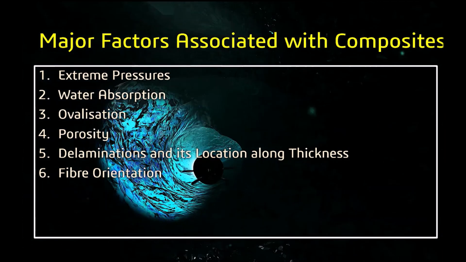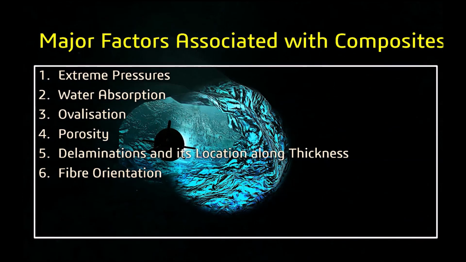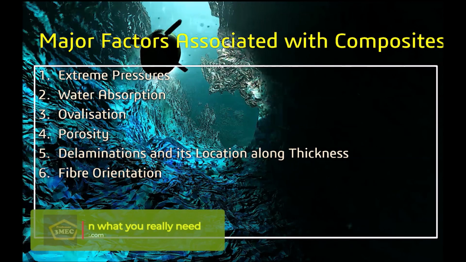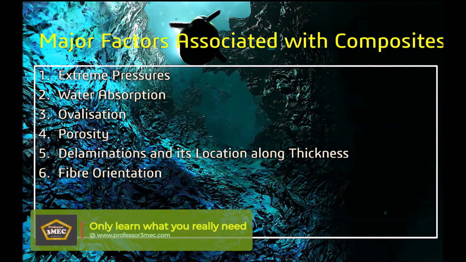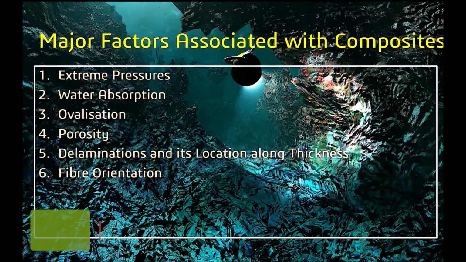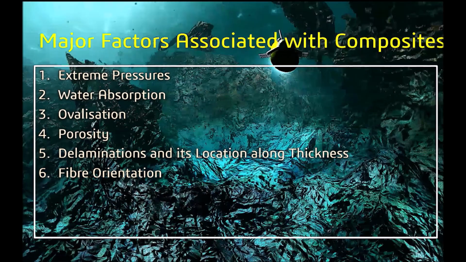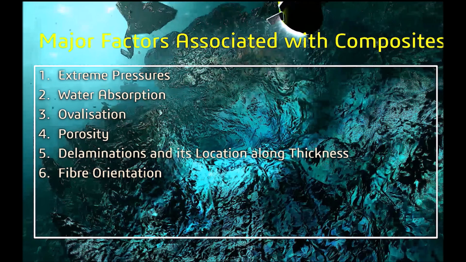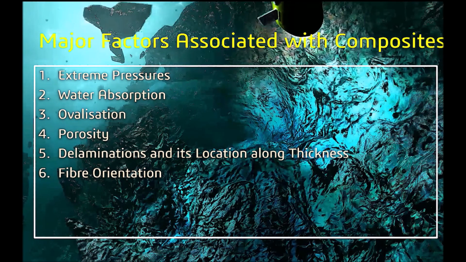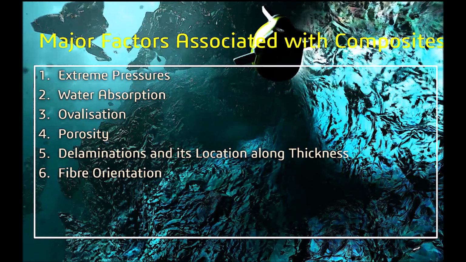And we tried to investigate the effect of extreme pressures. I gave you some hints on water absorption related degradation, defects, delamination, and their effects on implosion pressure, and finally the fiber orientation effects.